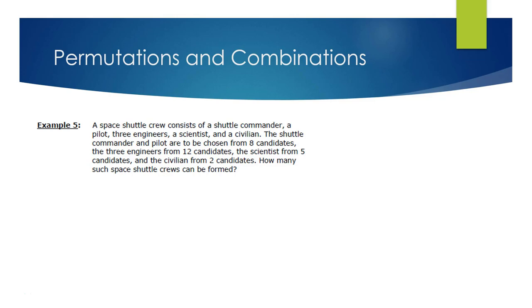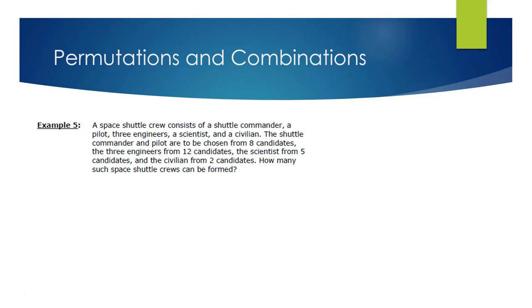So here we actually have a combination of several things. For the commander and pilot, choosing from 8 candidates, I am doing a permutation, because if I select Colonel Smith and Colonel Jones, and I say one's the commander, one's the pilot, well, it's going to matter which I assign to which. So the order does matter. There is a certain order to the selection.